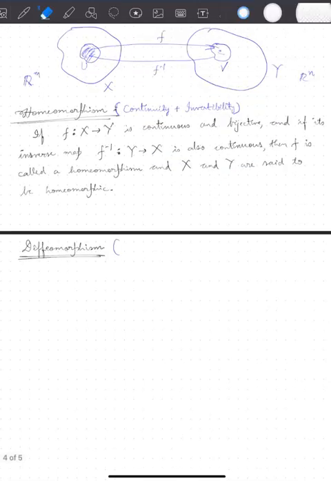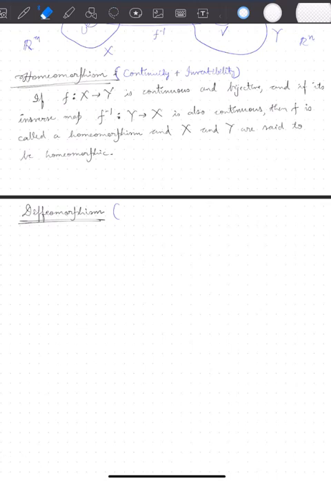Yeah, so that's what we are doing. And now when we're talking about diffeomorphism, fundamentally it is a mapping. If the mapping is continuous, so continuity of the mapping plus invertibility, and also if the map is differentiable, then we call this a diffeomorphism.